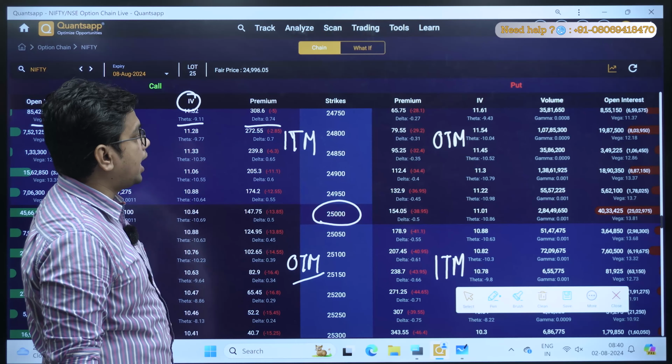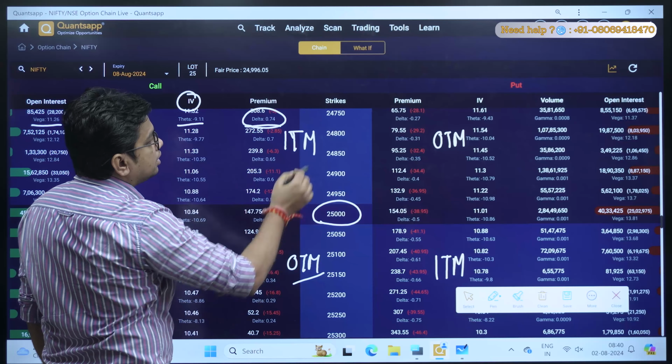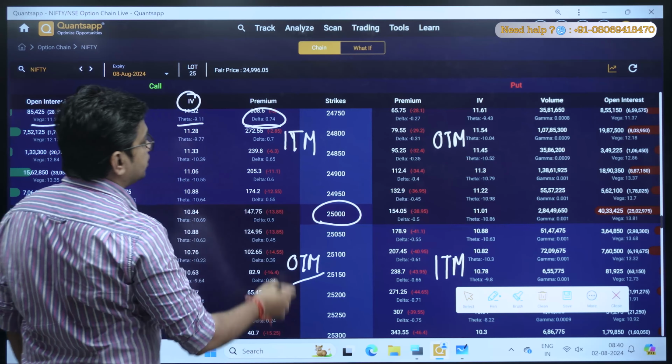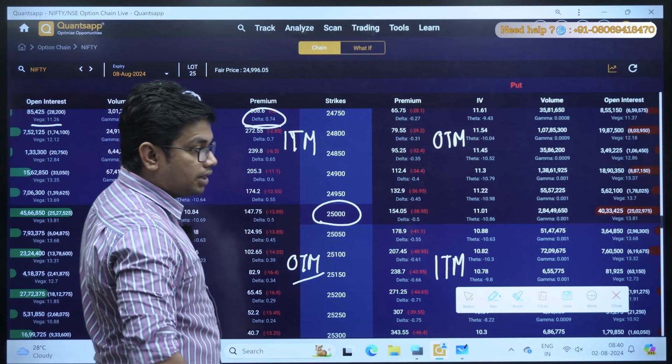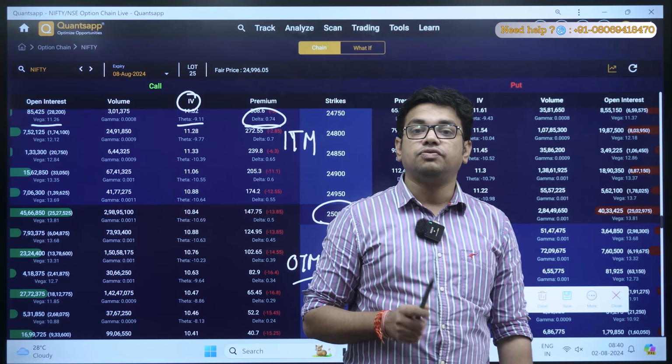But if you go to the ITM, the delta is higher. You can see here at 24,750, the delta is 0.74. That means if Nifty moves 100 points, it will give you 74 points.